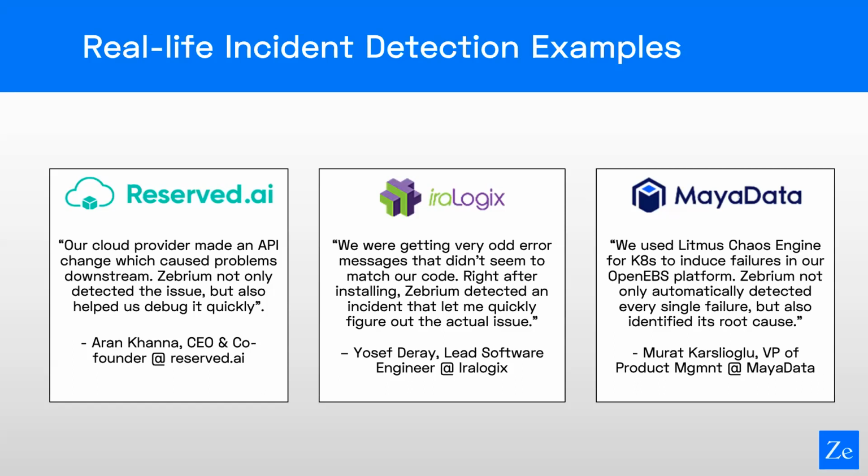We detected an incident, and sure enough, those same odd error messages appeared. But this time they were correlated with other events that they didn't realize, and that pointed straight at the root cause. And it turned out there was a pretty important bug in their code. We found it, or we gave them enough context to find it very rapidly. They fixed it, and they now have closed something that could have been a potential big issue for them.